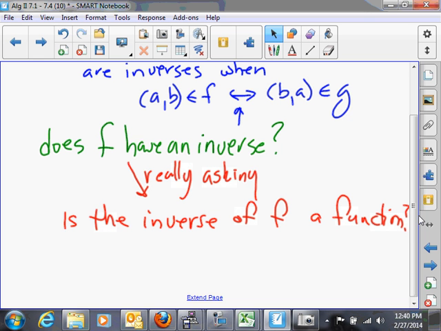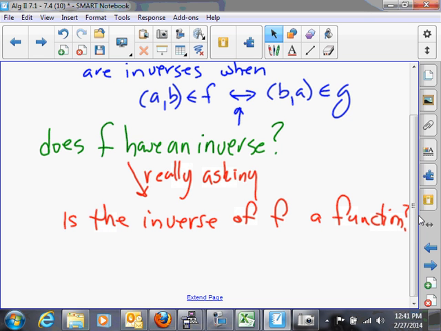Now, it's going to turn out that we're going to have a test that we can make when we have a graph of a function to see if its inverse will be a function.